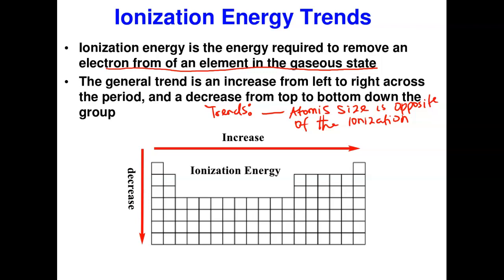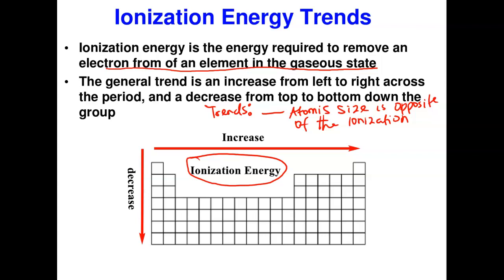And the more of this attraction, the stronger the bond between the nucleus and the electron at the outermost shell. Now, if you try to remove this electron, you're going to do quite a lot of work to remove it. So the work you do in trying to remove this electron is what actually defines the ionization energy of that atom. And that is the reason why it increases across the period.